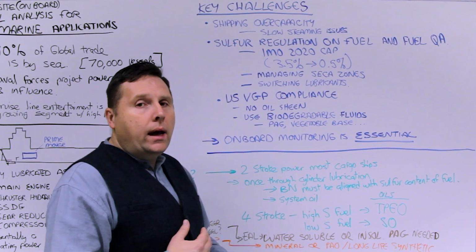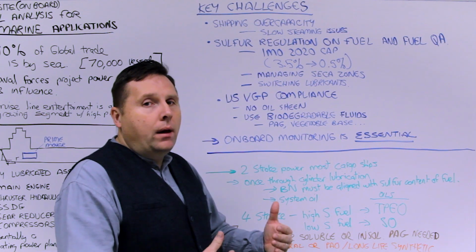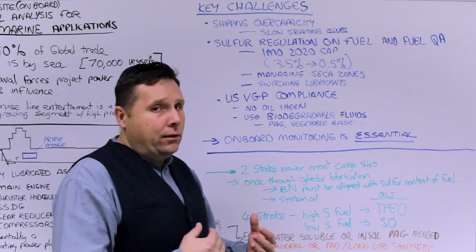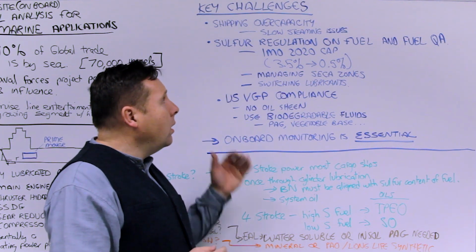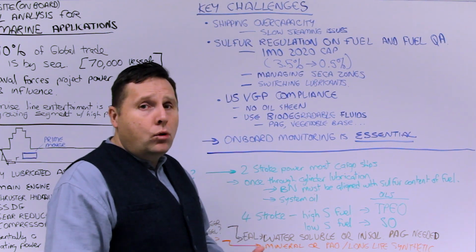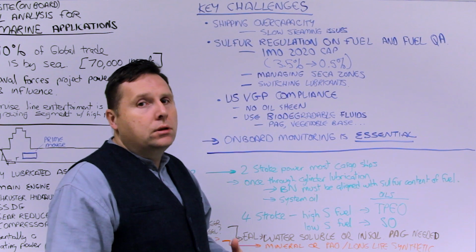And so as a result of that, there is more of a requirement for the rotating equipment to have EAL, or environmentally aware lubricants, or biodegradable. So these major issues are really affecting the industry. It's making it a lot more complex than it ever has been, and onboard monitoring is essential to navigate your way through these processes.